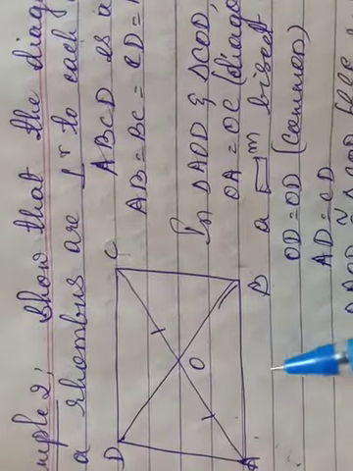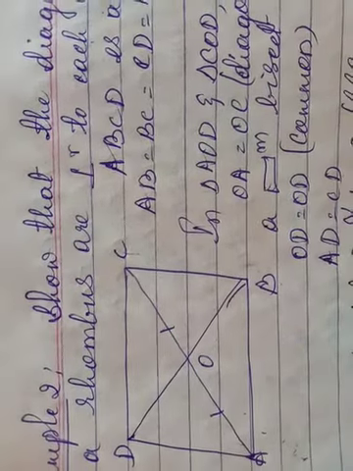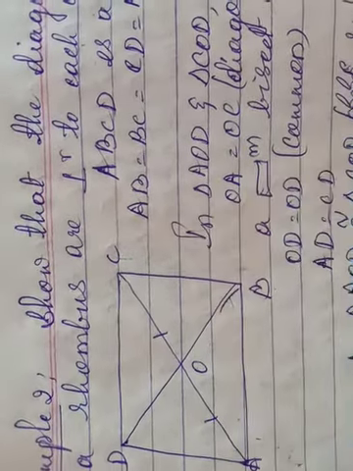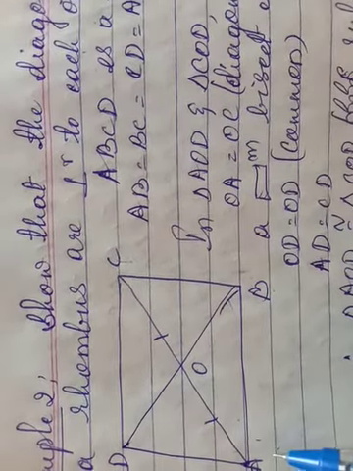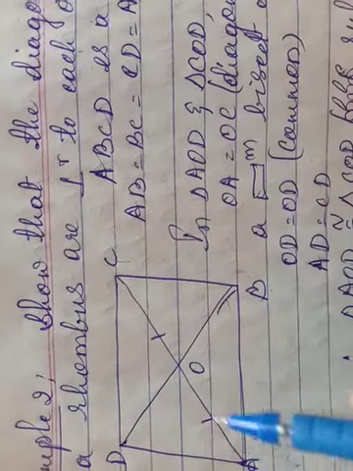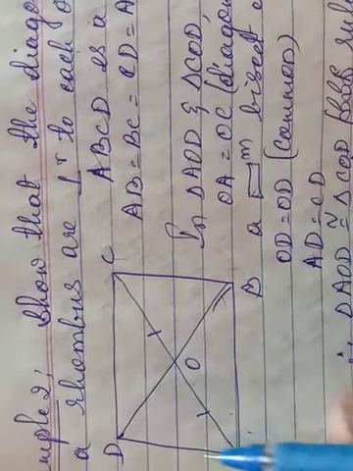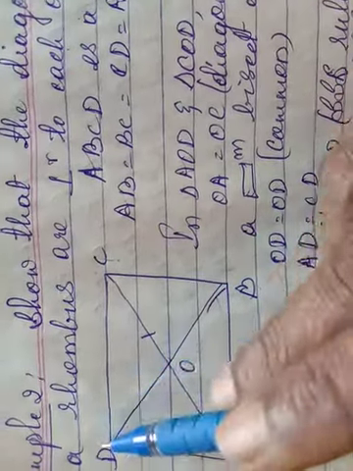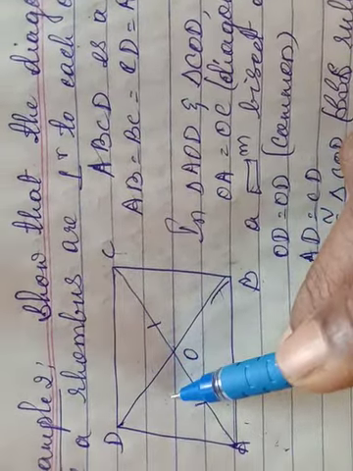All the sides are equal. Now let us compare two triangles here. Since we have drawn the diagonals, we can compare triangle AOD and triangle COD. These two triangles.